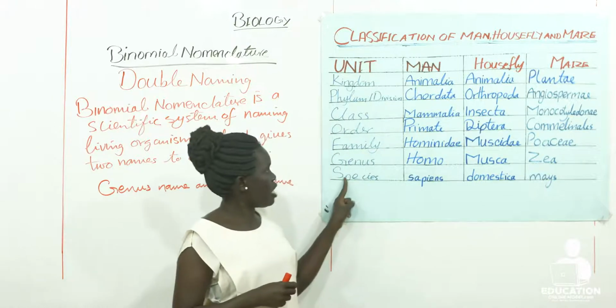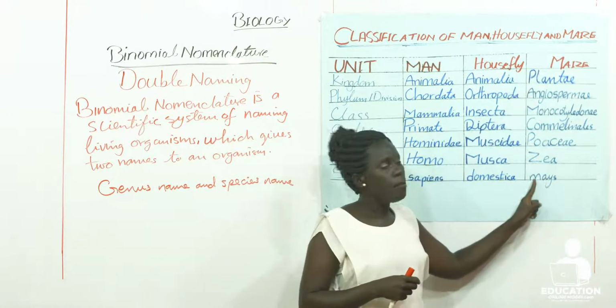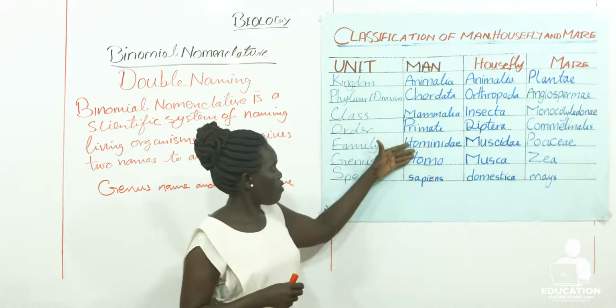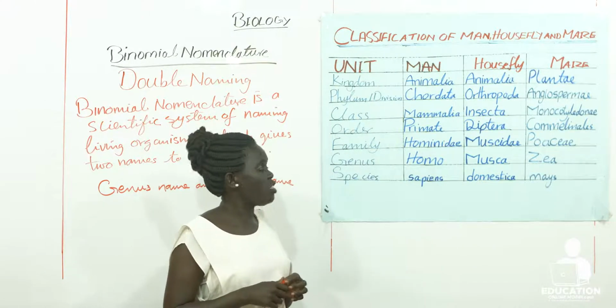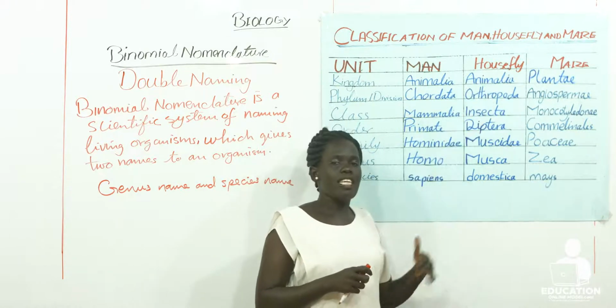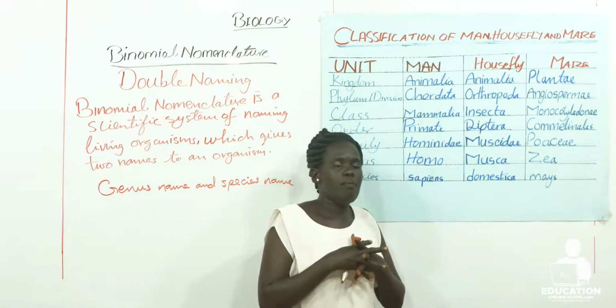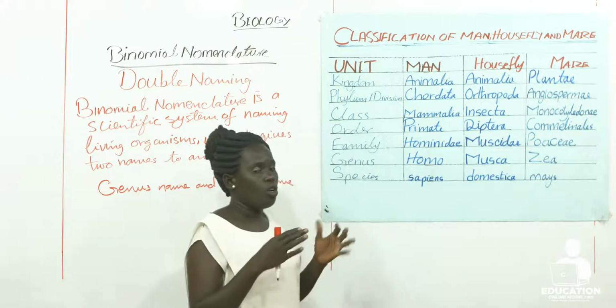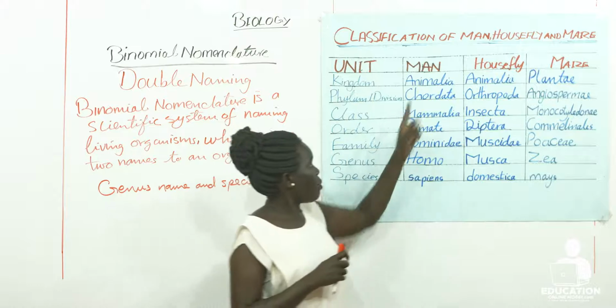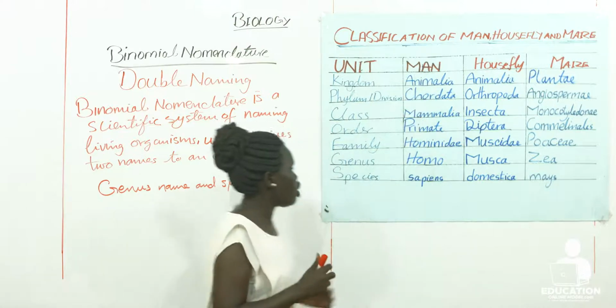The species name for maize is mays. Since you have been provided with the genus and species names for these three organisms, you can automatically compose the scientific name. For example, the scientific name for man is Homo sapiens.